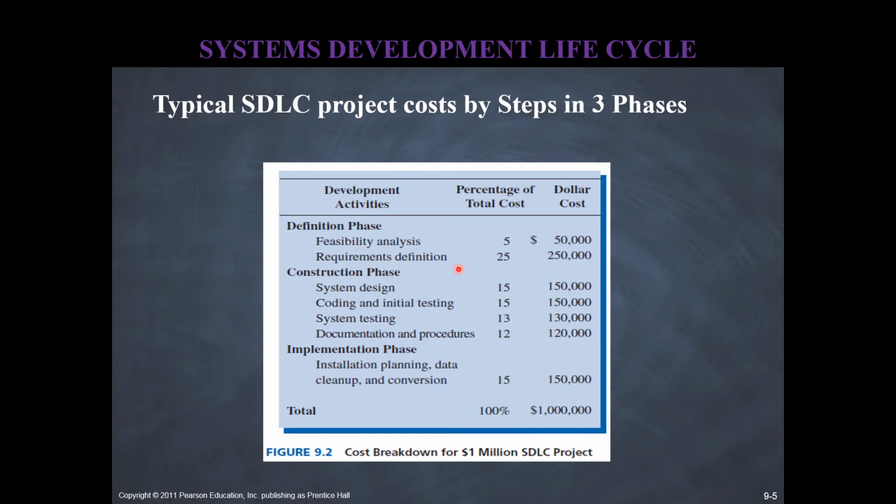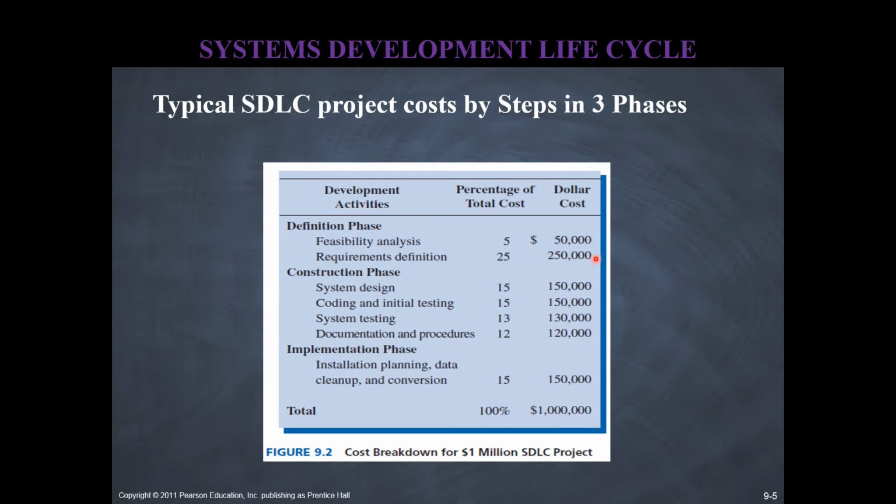Now this is something that is essential to the kind of worldview or philosophy that SDLC is based on. So once again, remember, like we said in the previous part, that SDLC is a highly structured approach to information system development. So that's why you spend a lot of time and money for the requirements definition phase.